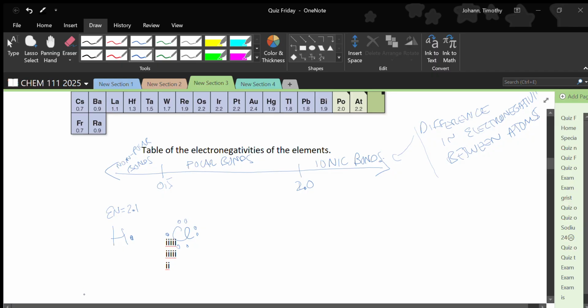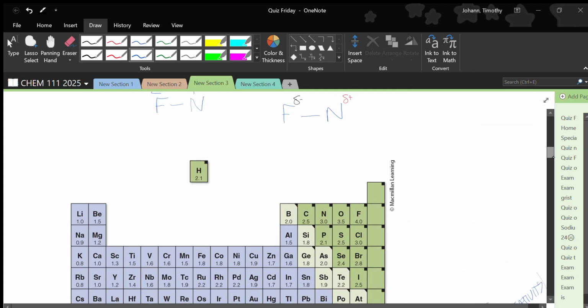So the electronegativity is equal to 3.0. We got another electron there. So 3.0 minus 2.1. Actually, this isn't going to do what I want. It is 2.1, isn't it?